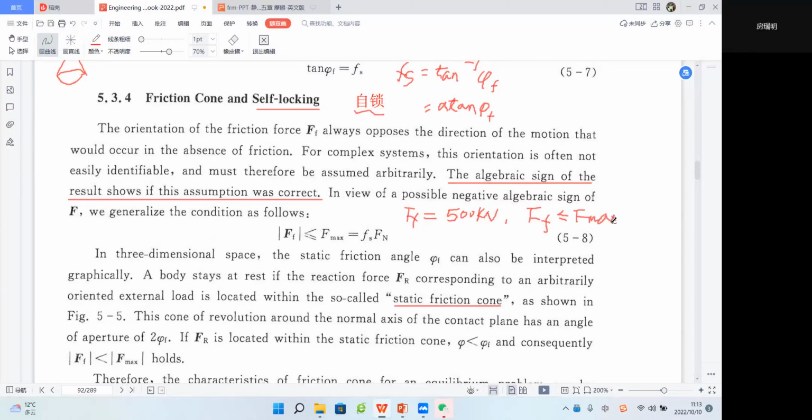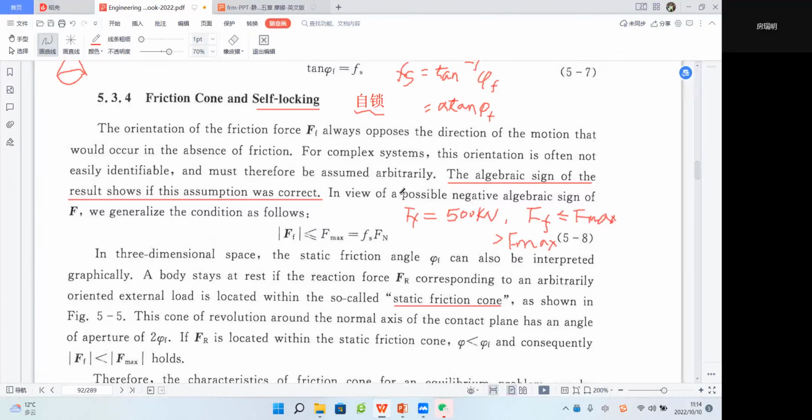So the value of your FF is based on the assumption that this system is in equilibrium. And from the equilibrium equation, you calculated this FF. But if you find this value is actually greater than F max, then it means your assumption is not correct.